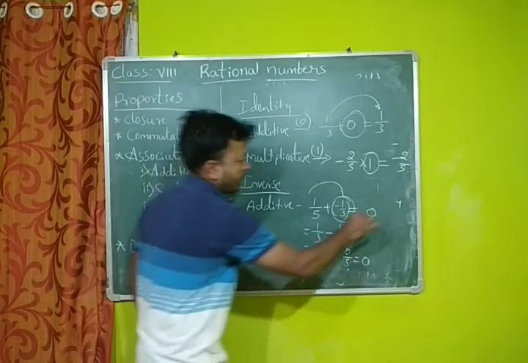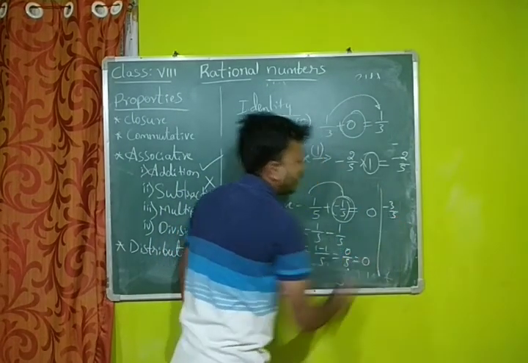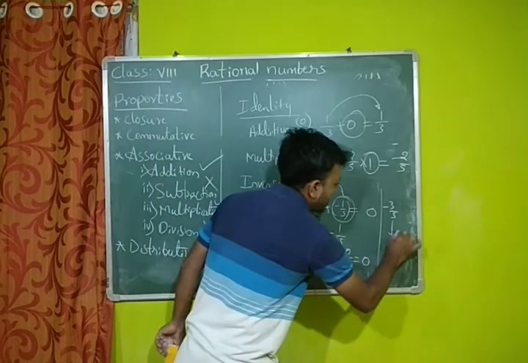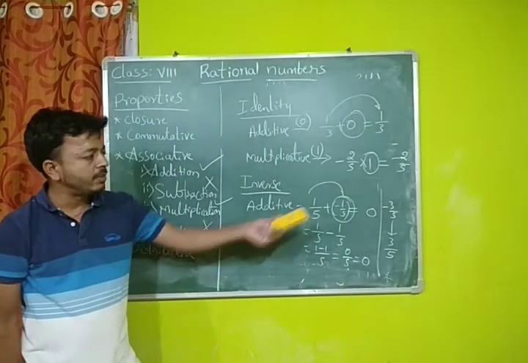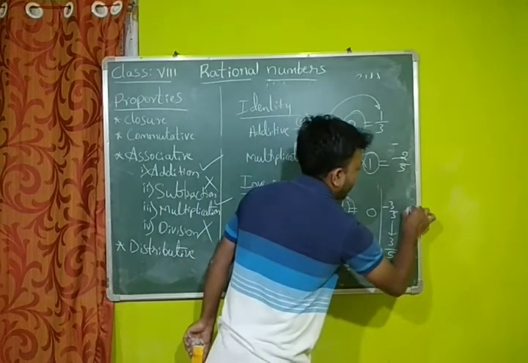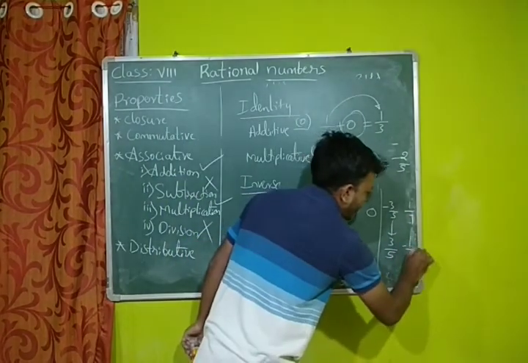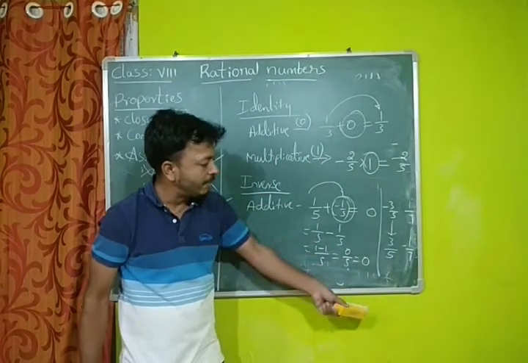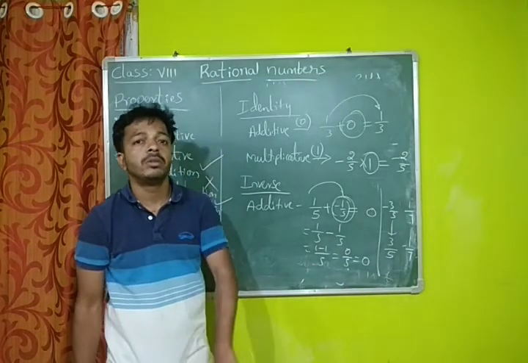Example: if they give minus 3 upon 5, what is the additive inverse? Plus 3 upon 5. And the additive inverse of 1 by 7 is minus 1 upon 7.